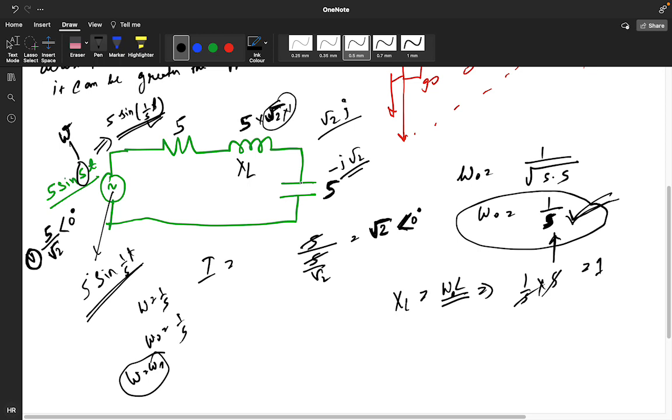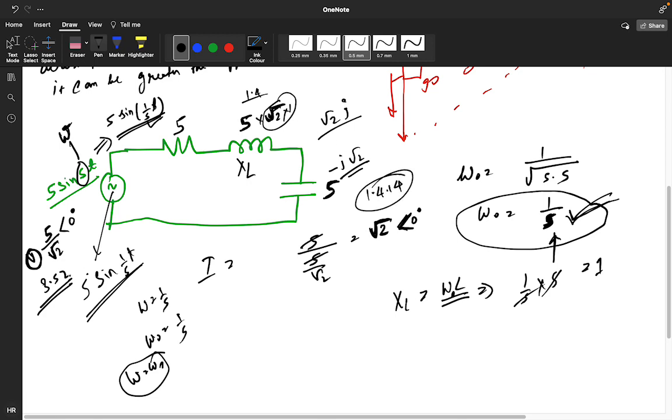Okay, now we take another case. See, this value we are getting is 3.52, and this root 2 value is 1.414.